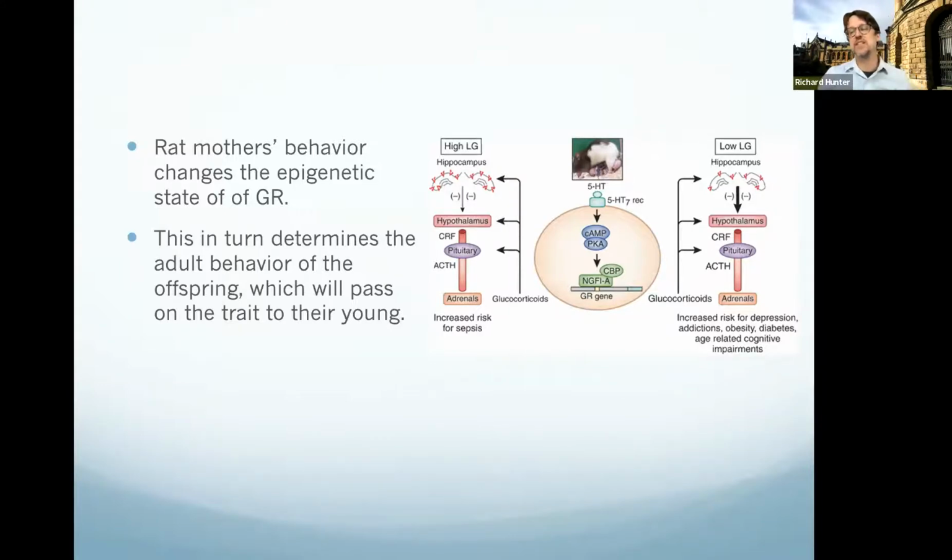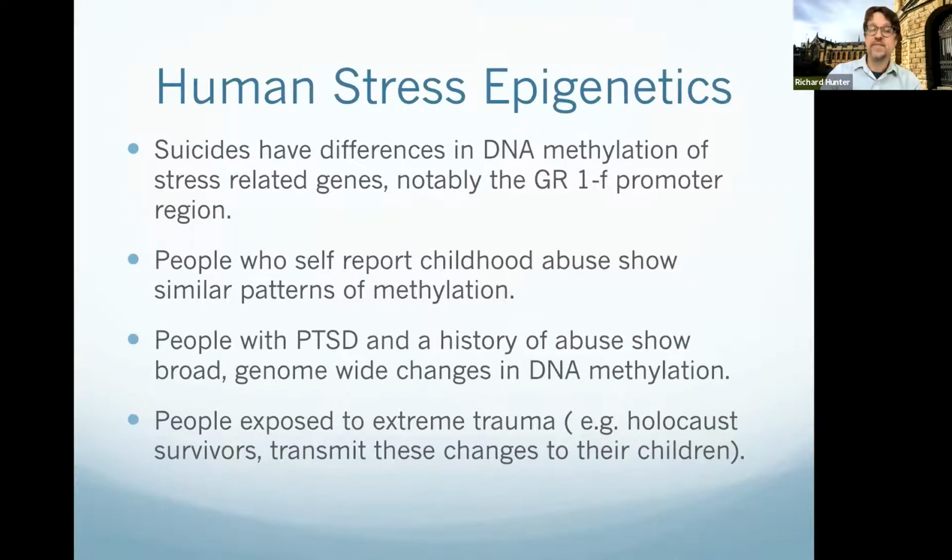We don't have this deep detail of understanding about humans, although there have been studies since then looking at how the methylation of the equivalent part of the glucocorticoid receptor gene, the 1F promoter, are changed in humans with different histories of trauma and childhood adversity, et cetera. Some examples: there are differences in DNA methylation at this promoter in suicides, as well as some other stress-related genes.